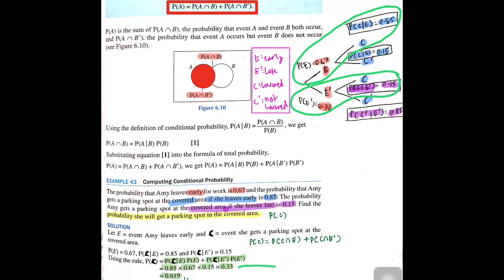This is the same as what we did just now. Multiply the first branch, 0.85 times 0.67, plus the second branch, 0.15 times 0.33. You'll get the same answer, 0.619. Using these branches is easier than using the formula, because for the formula we need to write it out and open it up like this.